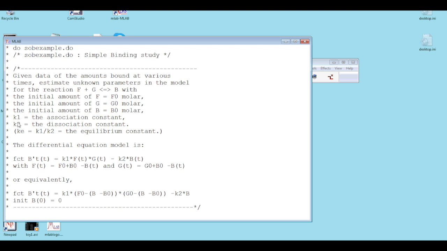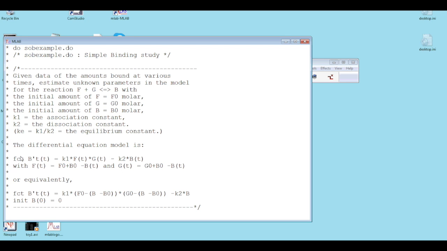If you know K1 and K2, you know essentially everything you need to know about the time course behavior of this chemical reaction, F plus G goes to B. And by the way, just for those of you who remember your chemistry, the equilibrium constant, Ke, is the ratio of K1 to K2.